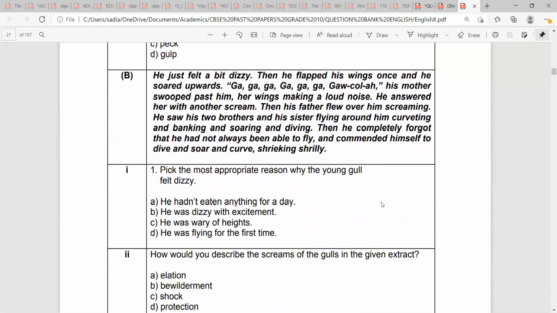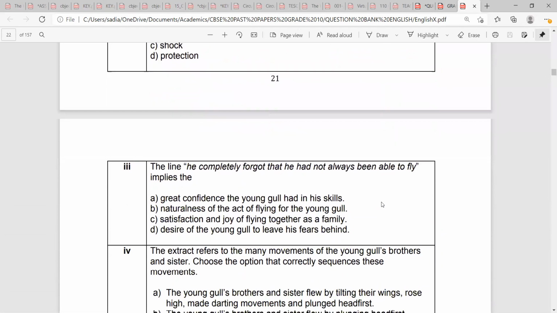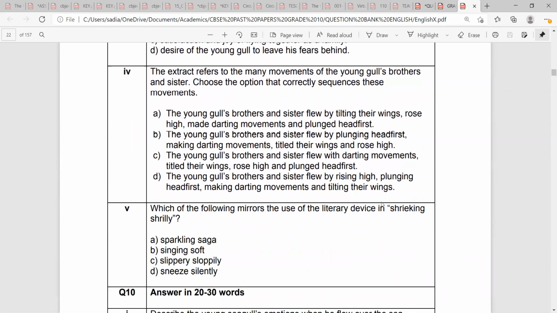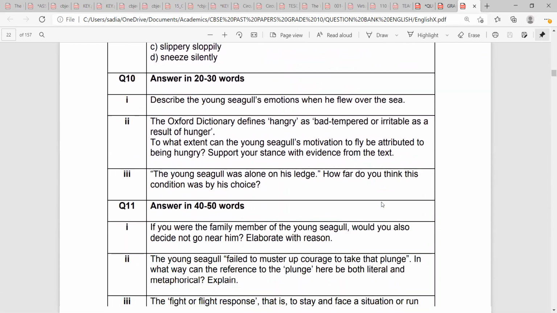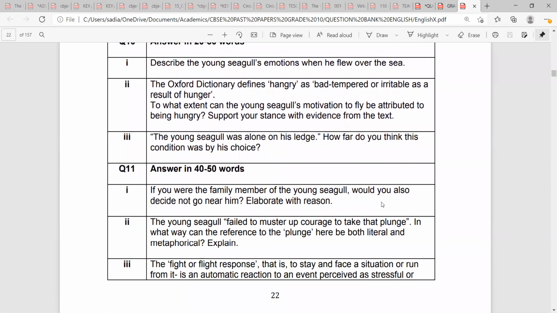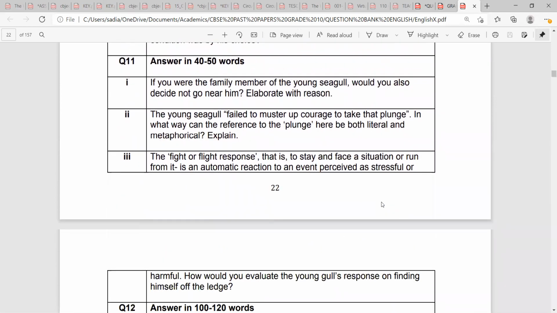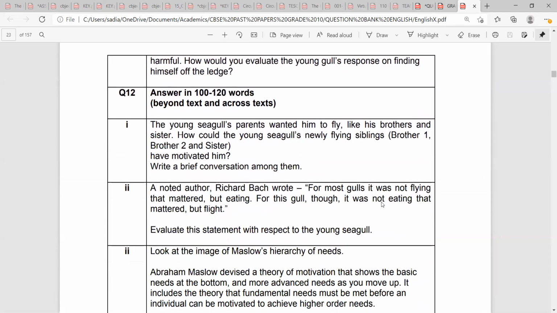Read the text, read the questions, try answering. 20 to 30 word questions, 40 to 50 word questions. Detailed questions of 100 to 120 words beyond the text and across the texts.